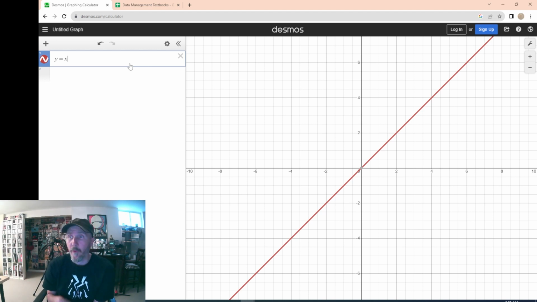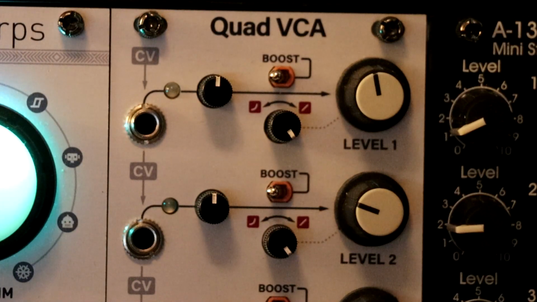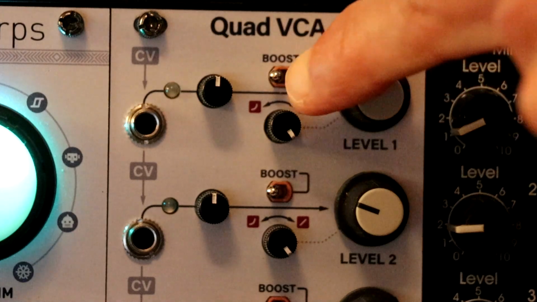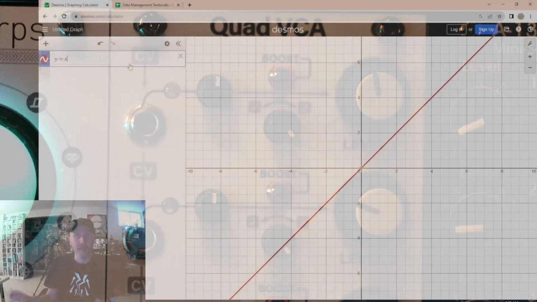Actually, even before we do this, as we look around on Modular, there are these symbols in other places as well, not just on Maths. You can notice it in a bunch of VCAs. There are exponential and linear lines on there as well. So it's good to know some of the math behind why these things are in there.